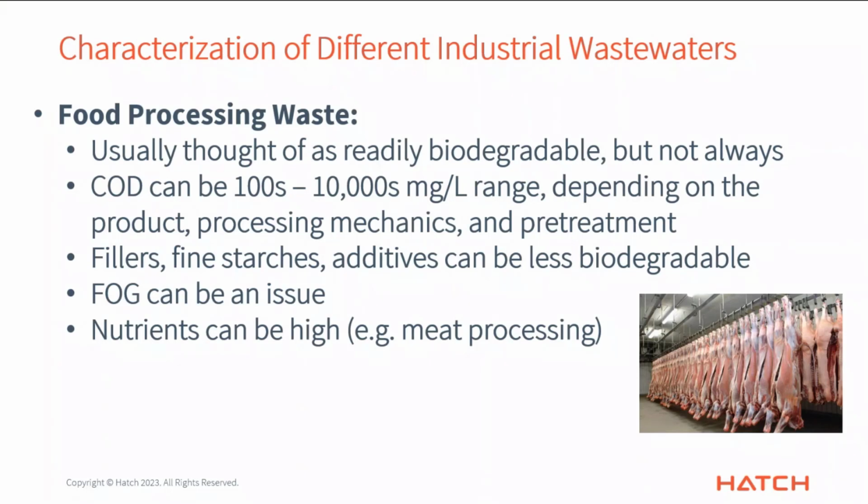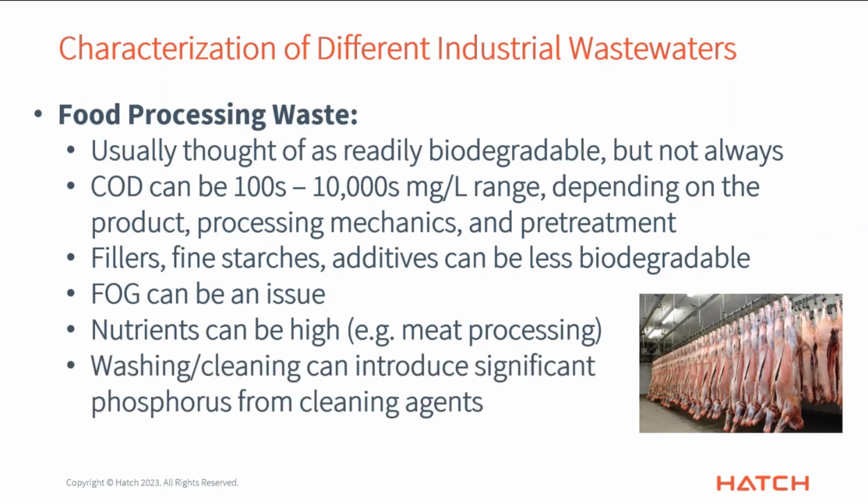In the meat processing project I was just mentioning, it was an MBR system actually, and I was really surprised when we started calibrating that model. The incoming ammonia was like 800 milligrams per liter. It was really quite up there, and it was mostly from the blood and the tissue, the amino acids and other things present. When they break down, they have a lot of nitrogen in them at high concentrations.